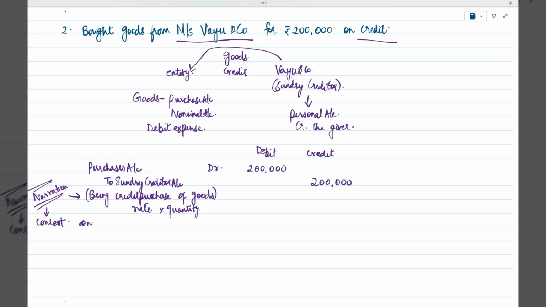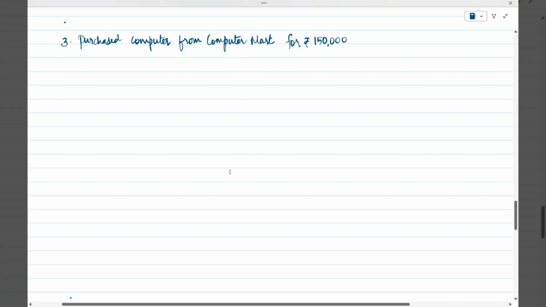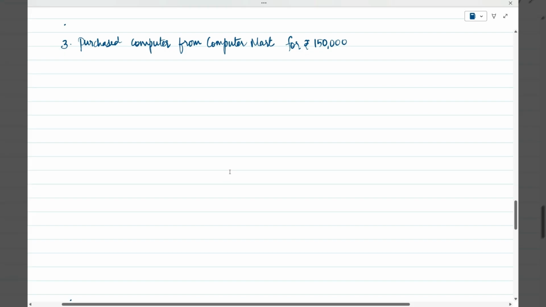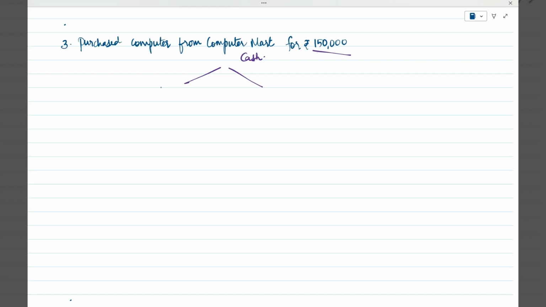I hope this journal entry was clear. Now let's move on to the third transaction. Purchase of goods from Computer Mart for rupees 1,50,000. Let us assume that it is purchased by paying cash. What are the two accounts involved?